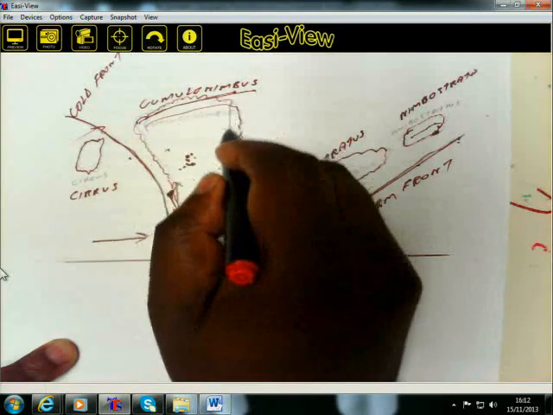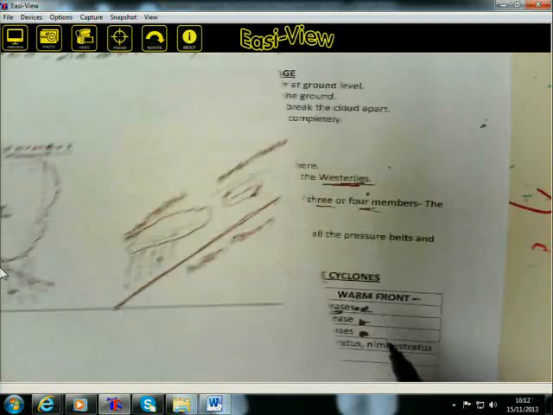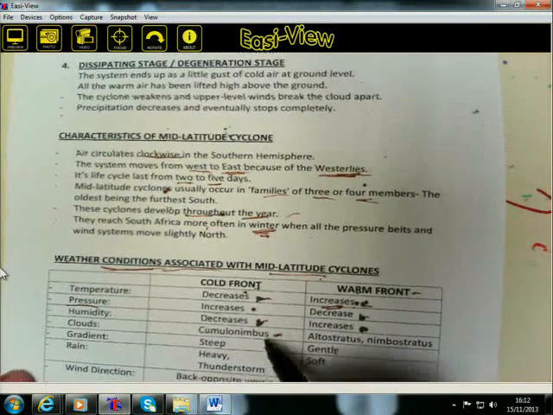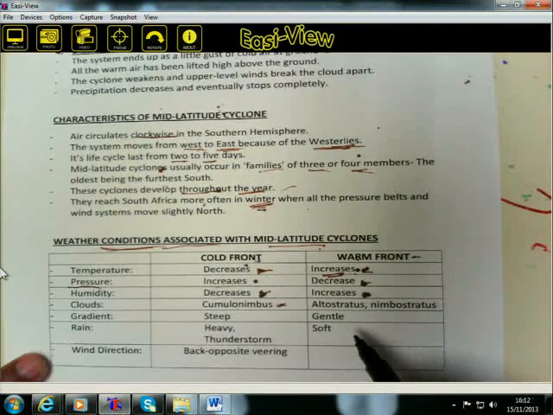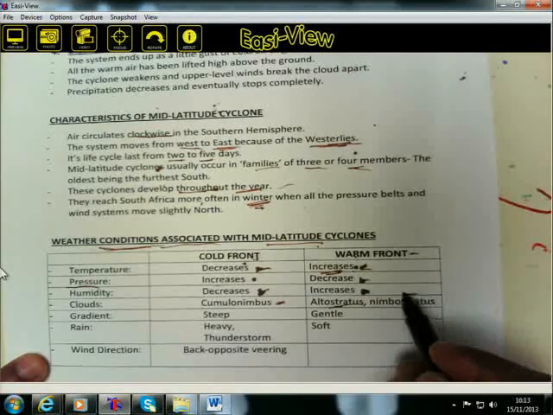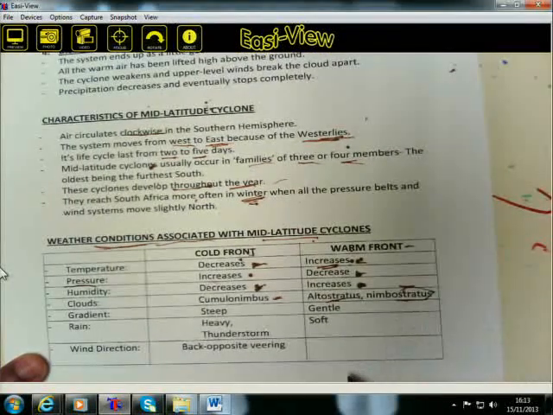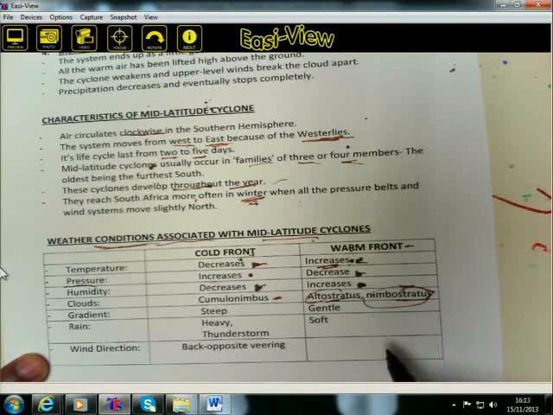Hence the formation of the cumulonimbus clouds. And what are the cloud formations when the warm front approaches? Altostratus as well as nimbostratus. We're having the formation of the altostratus and the nimbostratus.